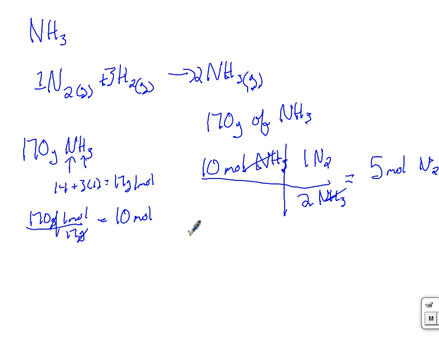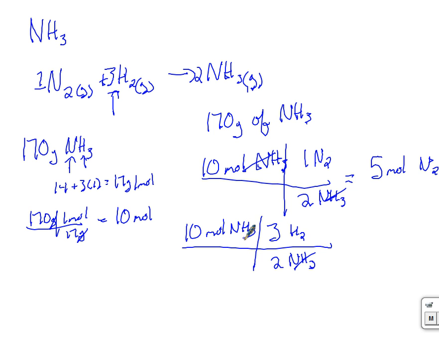Well, let's see. Again, I want to produce 10 moles of ammonia gas. My mole ratio is I need 3 moles of hydrogen gas to produce 2 moles of ammonia. So let's put those ratios in: 3 moles of hydrogen per every 2 moles of ammonia.